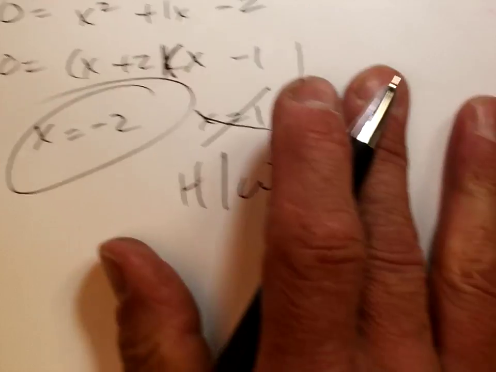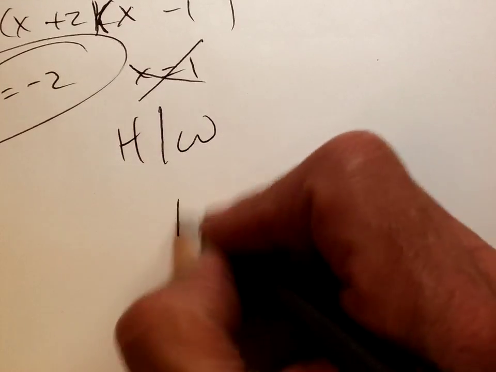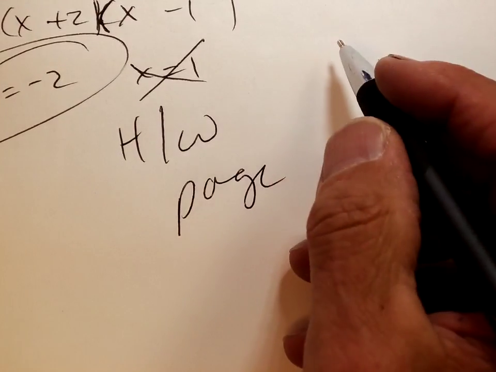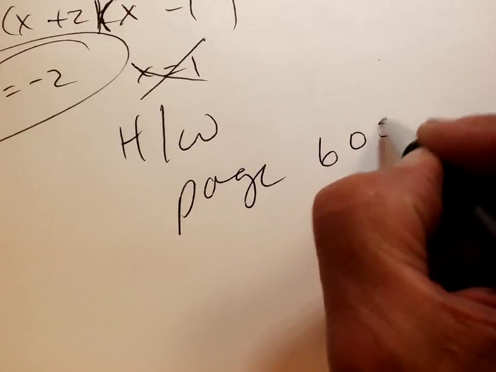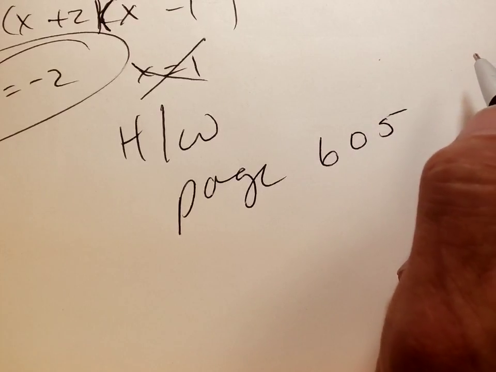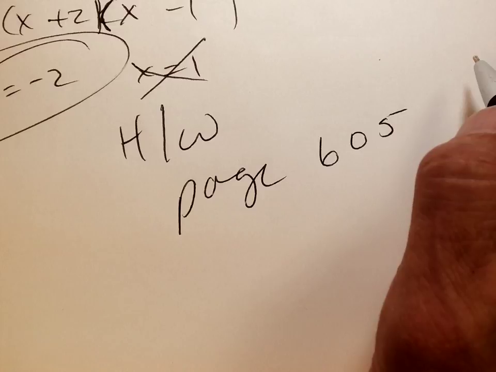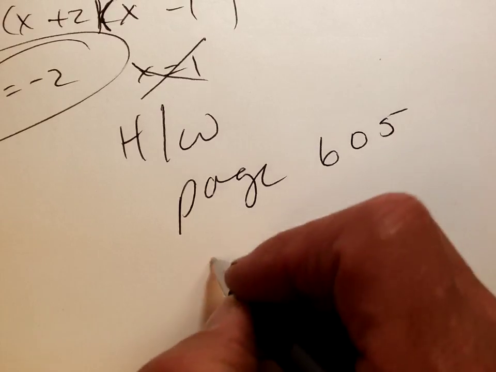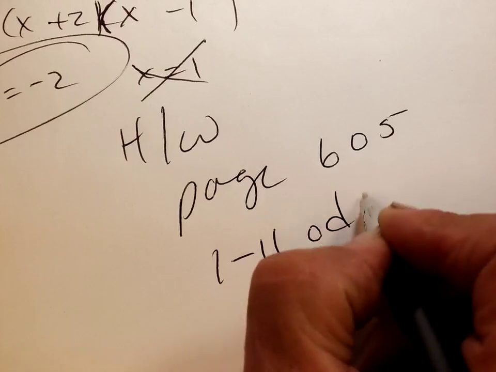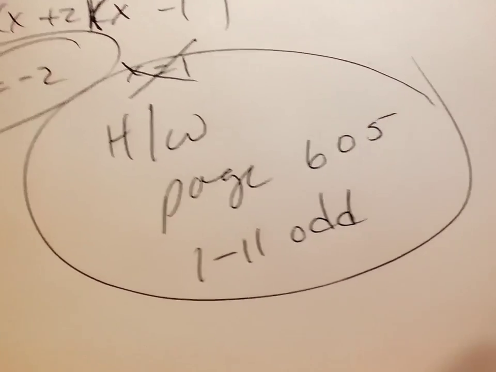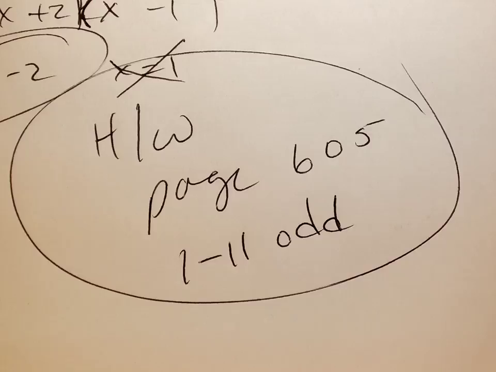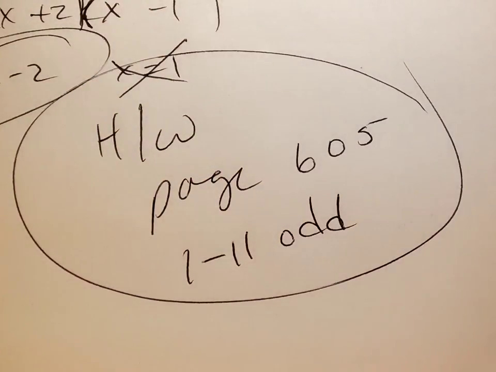Homework. Let's do page 605, 1 through 11 odd. That's 6 problems. And there's a little story problem in there.